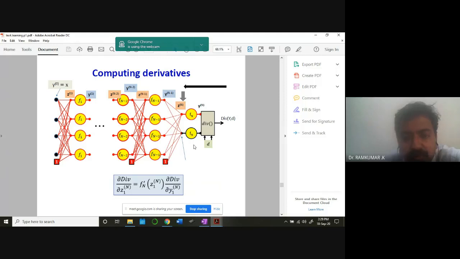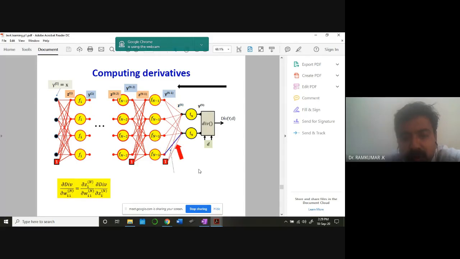Then you have to move. Then you have to find out the value of the derivative of divergence with respect to Z1n. That is what this value obtained. And that you can compute for all the nodes. That is this. Then you move on to the weights. What is this?